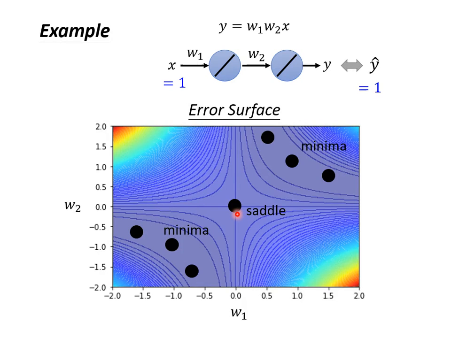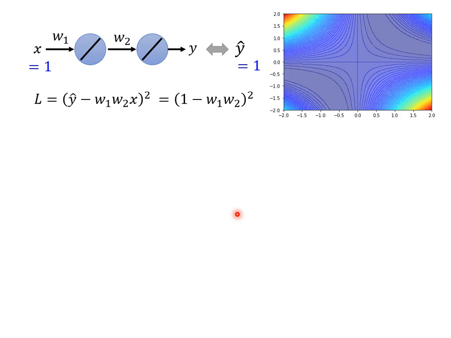We brute force search all the parameters, calculate the loss with the loss function, and draw the error surface to get this conclusion. Now suppose we don't use brute force search. How can we tell if a point is a local minimum or a saddle point? Well, we can write out the loss function. This loss function, denoted L, is y hat, the correct answer, minus the model's output, which is W1 times W2 times X, squared.